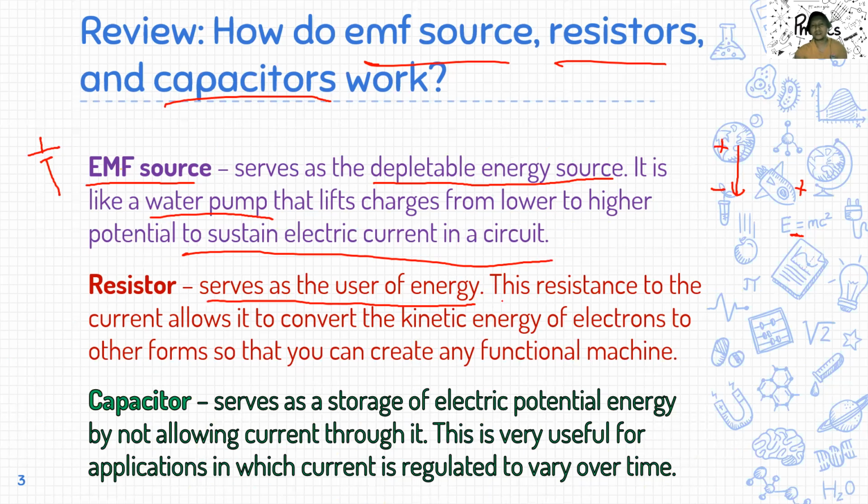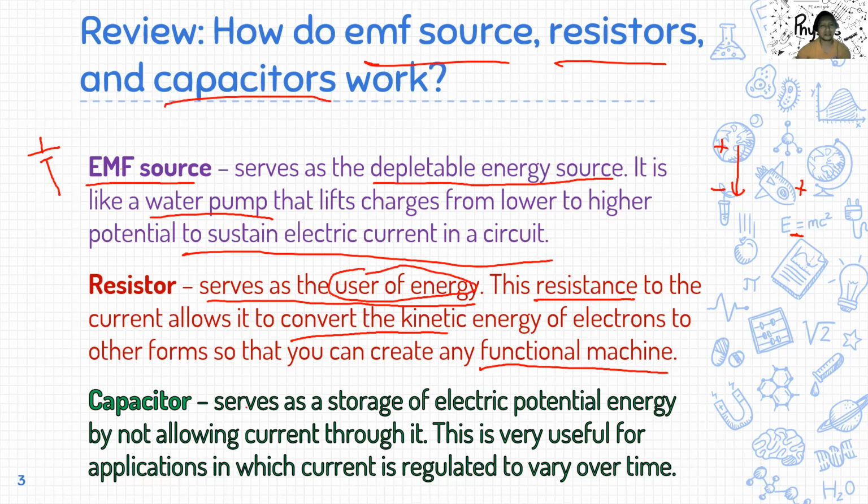Here, because there is resistance, your resistor heats up, so it can become a light bulb, or because of that current flow, it can become a machine like a rice cooker. In a network of resistors, you can make any functional machine because of that. So the resistor, again, uses up your energy.